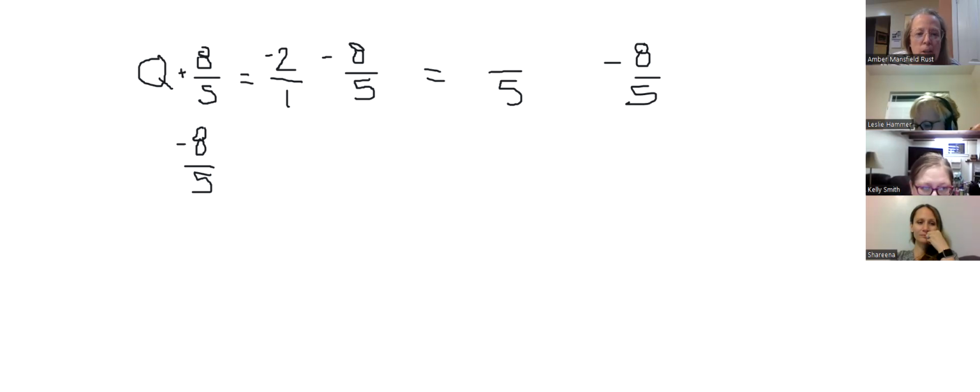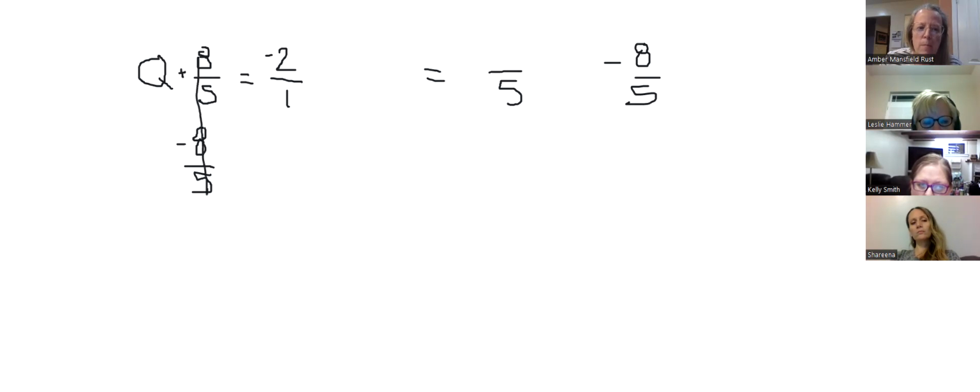We're trying to find a common denominator between 8/5 and 2/1, right? I have a question though. If the thing was Q plus 8/5 equals -2, why do you have the -8/5 below the +8/5?